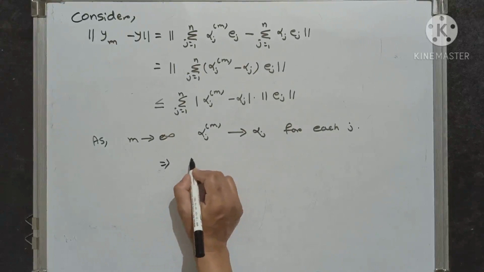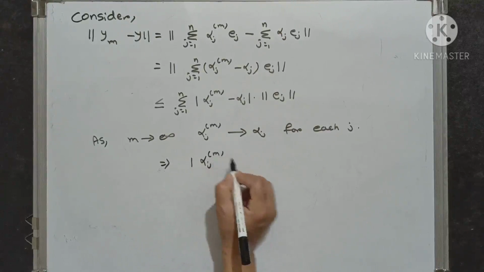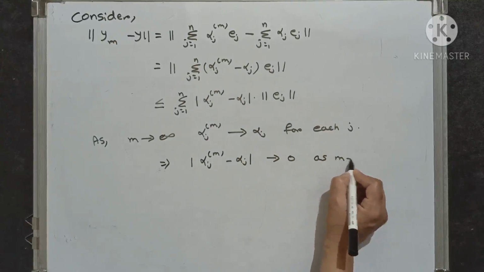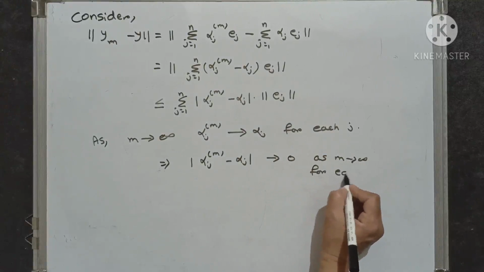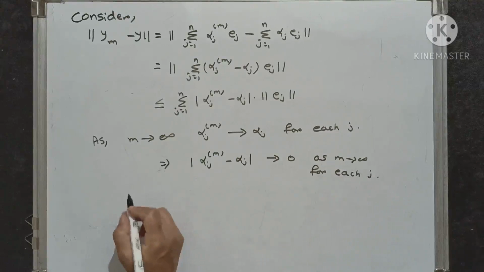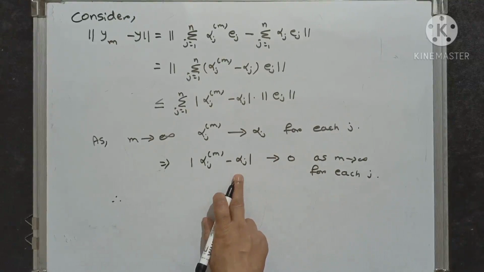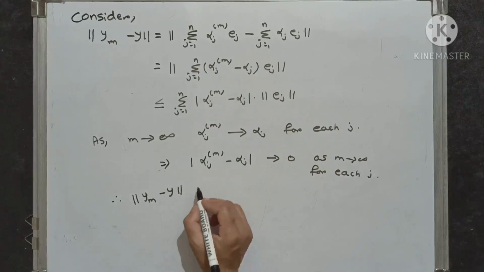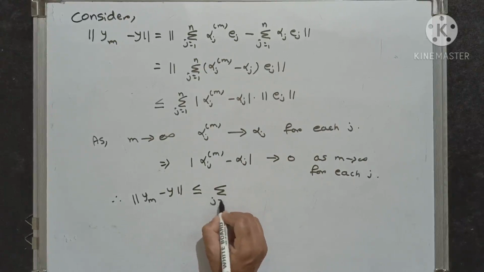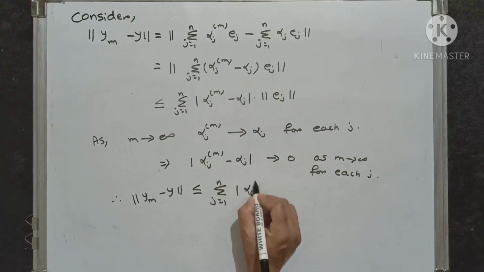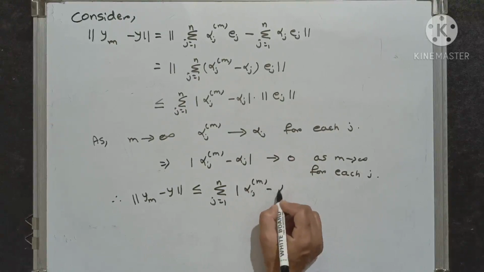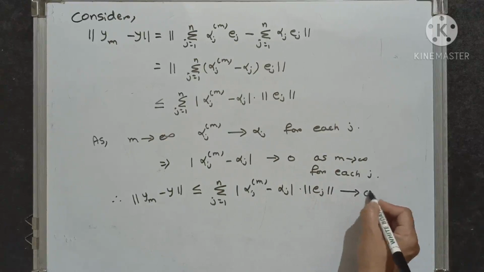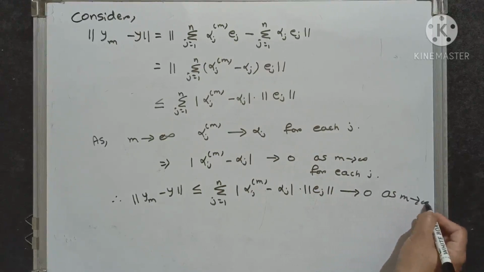This implies that mod of alpha jm minus alpha j goes to 0 as m goes to infinity for each j, and therefore norm of ym minus y is less than or equal to summation j from 1 to n mod of alpha jm minus alpha j into norm of ej, which goes to 0 as m goes to infinity.